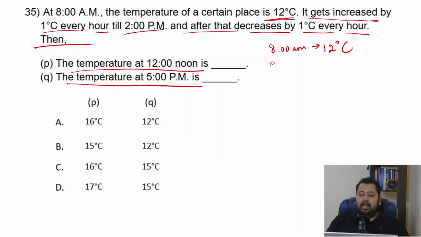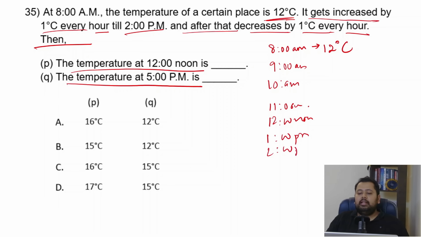So at 8 a.m., the temperature is 12 degrees centigrade. Now each hour, so 9 a.m., 10 a.m., 11 a.m., 12 noon, then 1 p.m. and 2 p.m. Till there, it increases by 1 degree centigrade every hour.